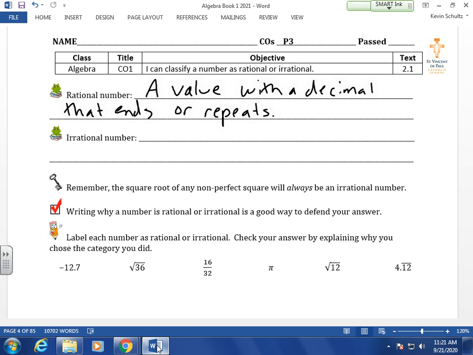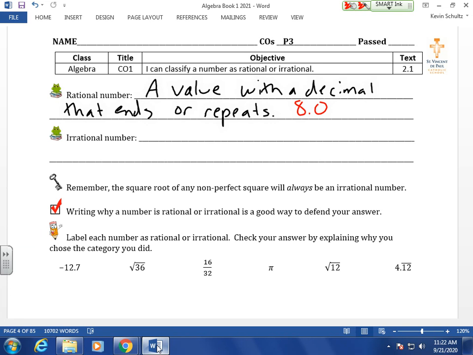So an example of a rational number might be 8. Now, is 8 a decimal? Not really, but can we write it as 8.0, which is a decimal that ends, so therefore it is considered rational.